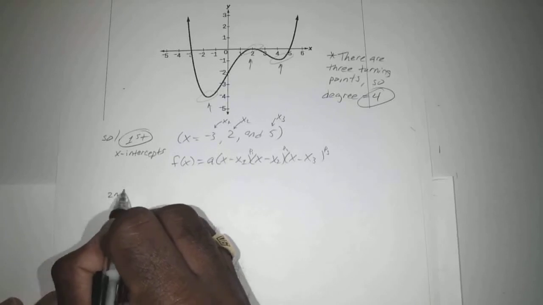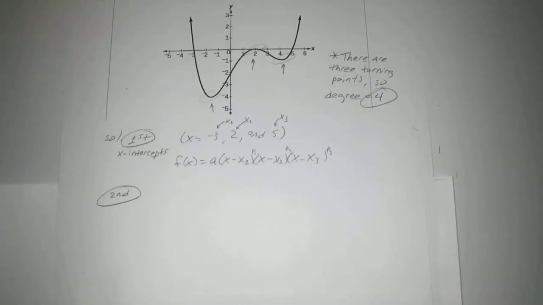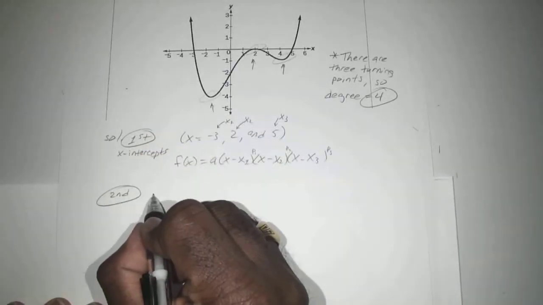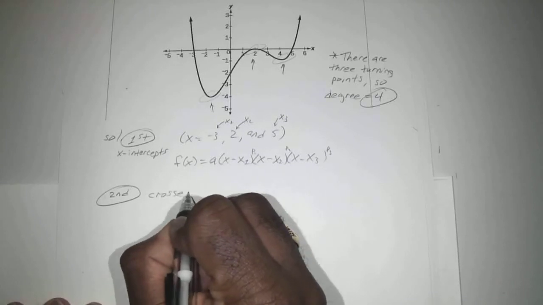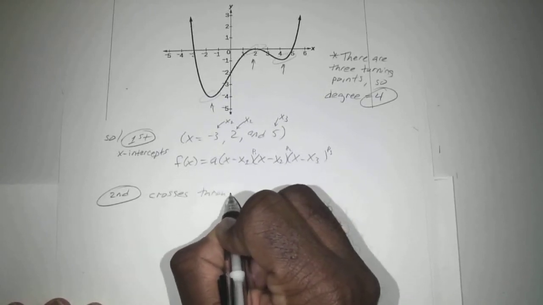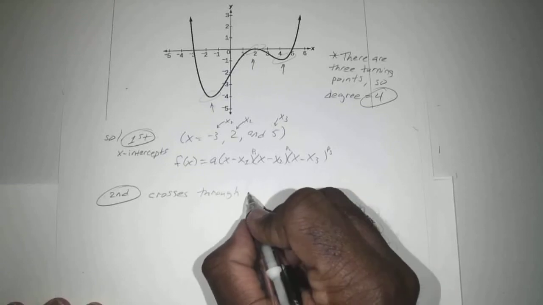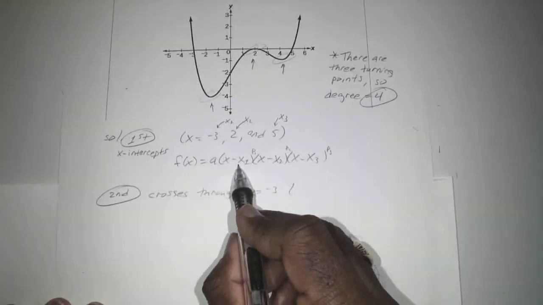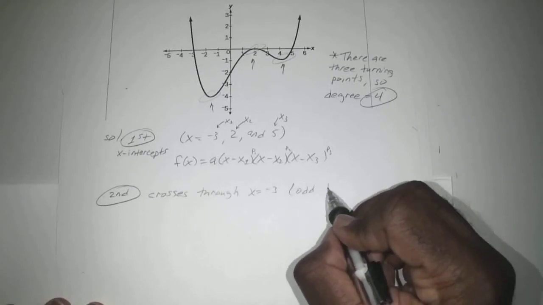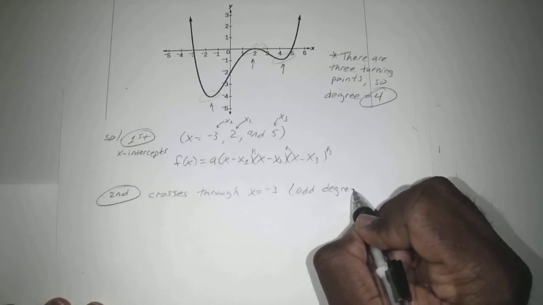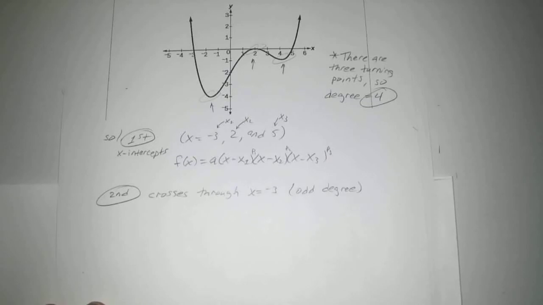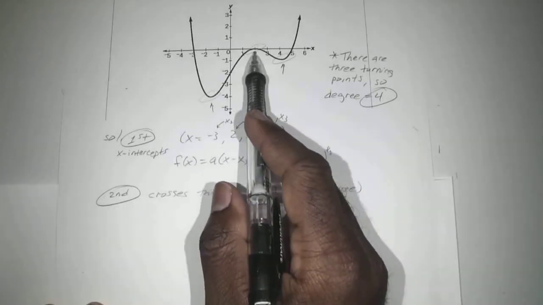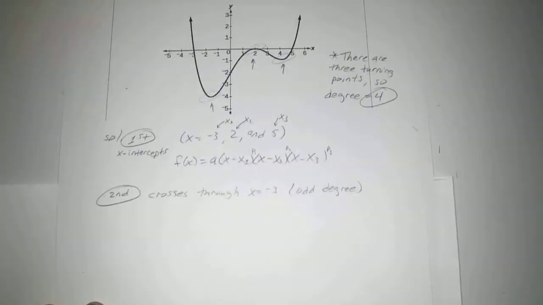Okay, so the second step, we found out whether it crosses or bounces off each particular intercept point. So we know it crosses through x equals -3. So we know this particular one is odd degree at -3. Okay, so you notice at 2, it kind of bounces off of it.